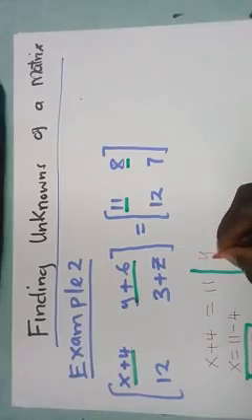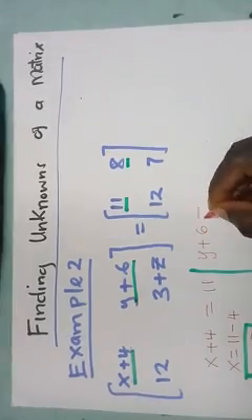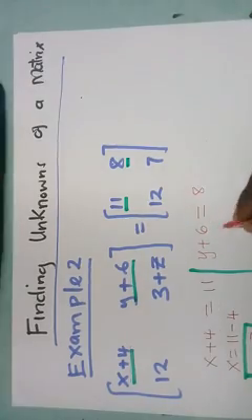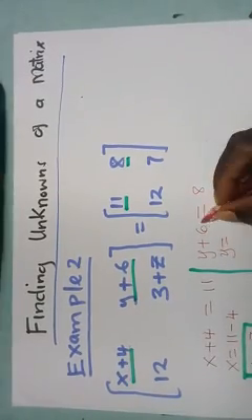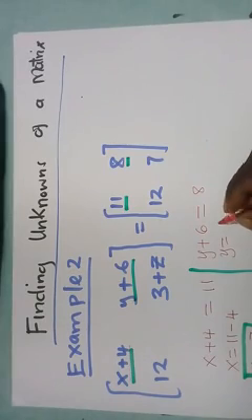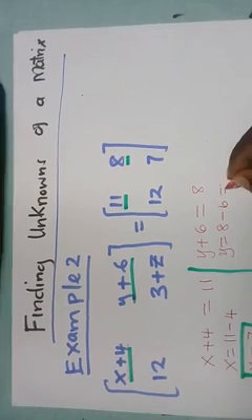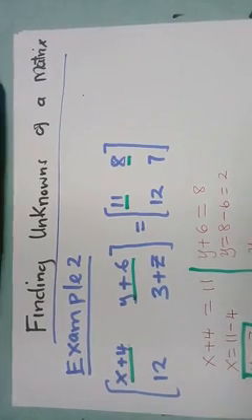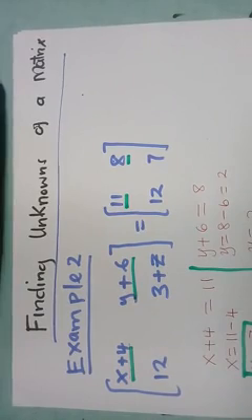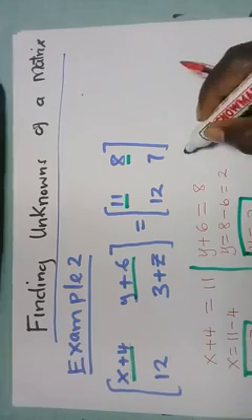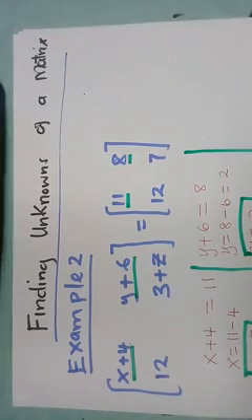So y plus 6 must be equal to 8. Therefore, y is equal to, let's take it to the other side, it becomes a minus, 8 minus 6, which is equal to 2. Therefore, y is equal to 2.